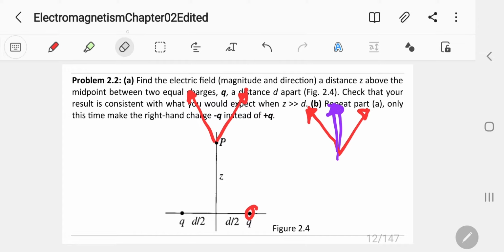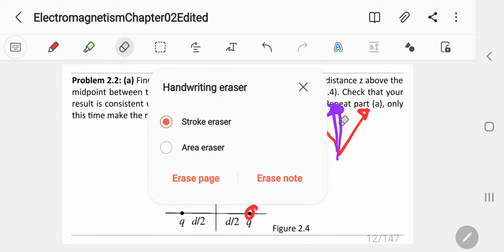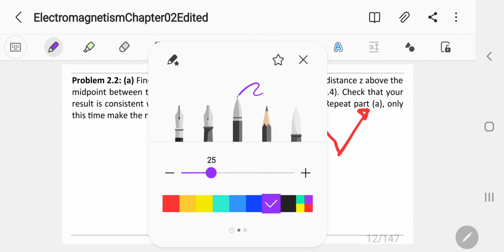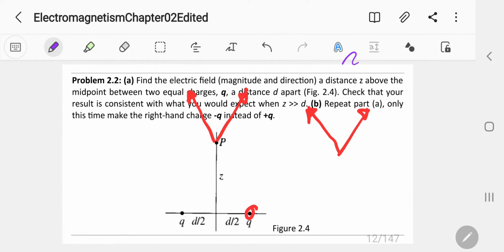So this is supposed to be the sum of the two fields.